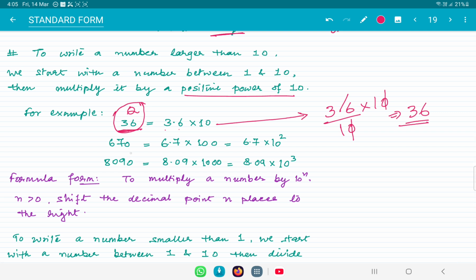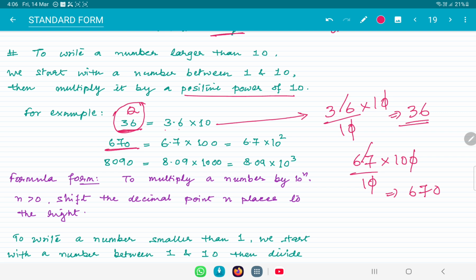Next, 670. This can be written as 6.7 into 100. Remove the decimal: only one digit after the decimal, so we put only one zero after 1 in the denominator. The zeros cancel and we get 670.